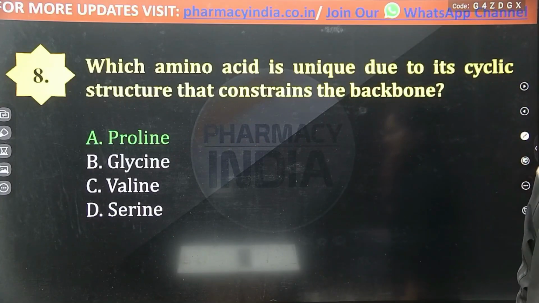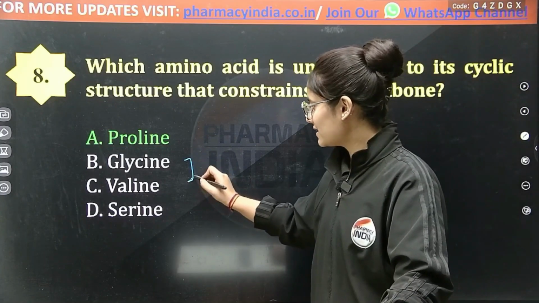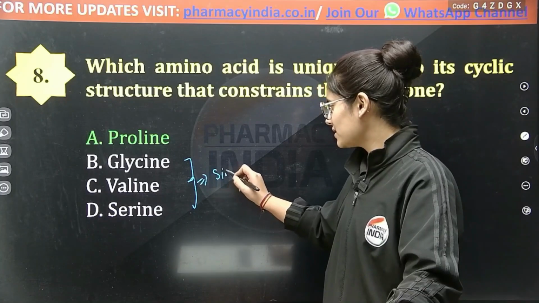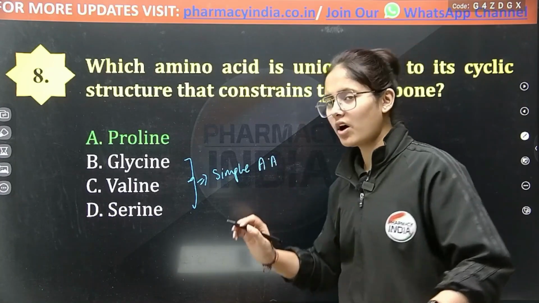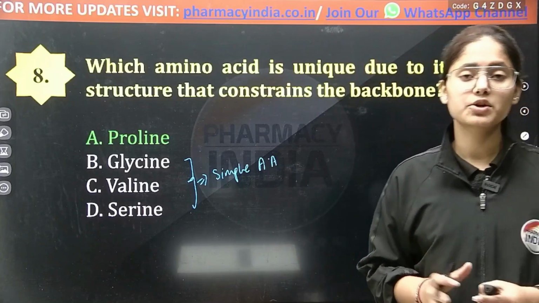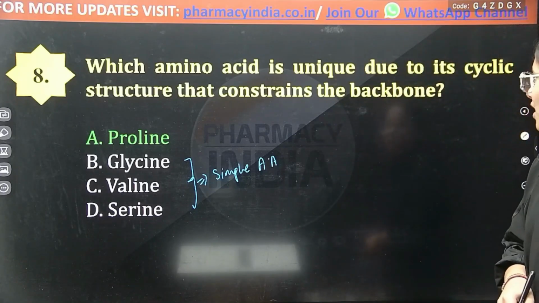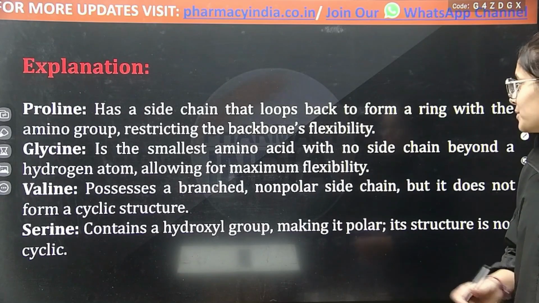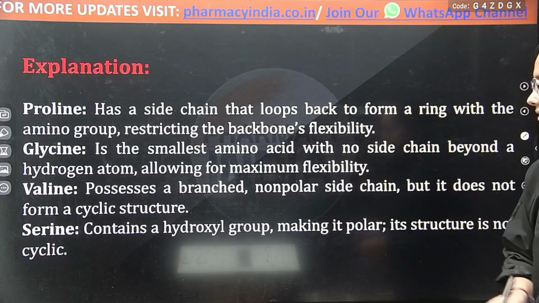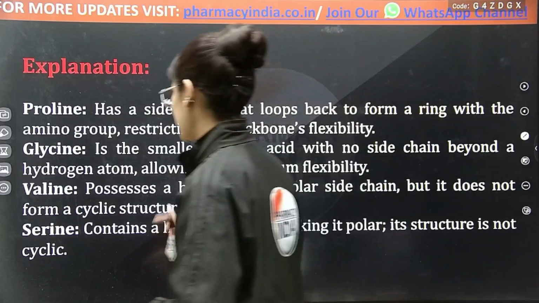Valine, glycine and serine are simple amino acids. Not the simplest, but simple amino acids. They are not considered unique because of a cyclic structure. Proline has a side chain that loops back to form a ring with the amino group, restricting the backbone's flexibility.